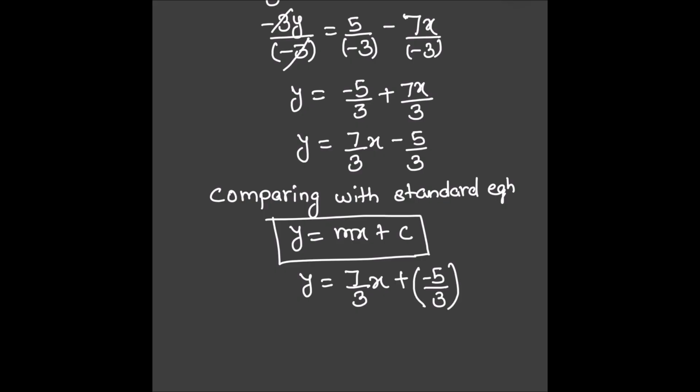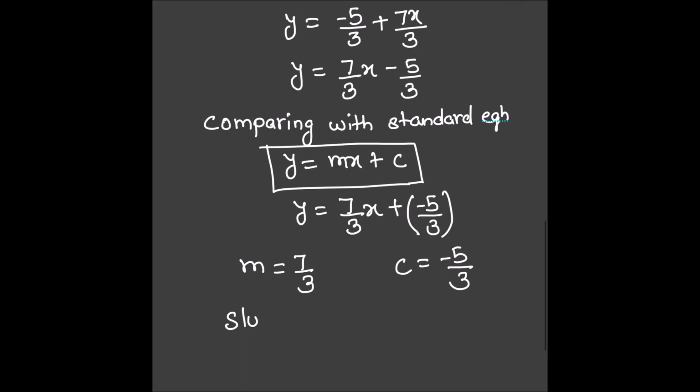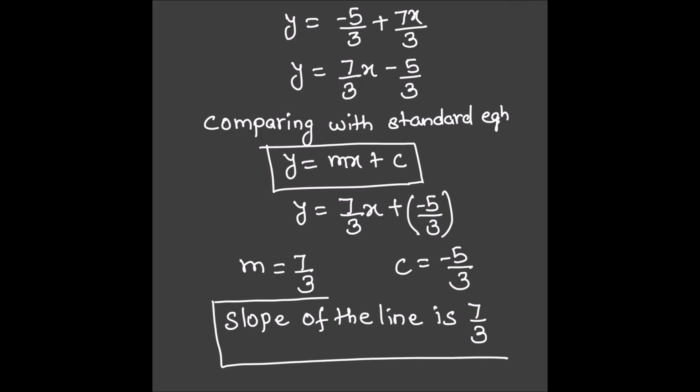So here m will be equal to 7 upon 3, which is the slope, and c will be equal to negative 5 by 3. So the slope of the line is 7 upon 3. So this is how we find the slope of the line whose equation is given to us using the slope-intercept form.